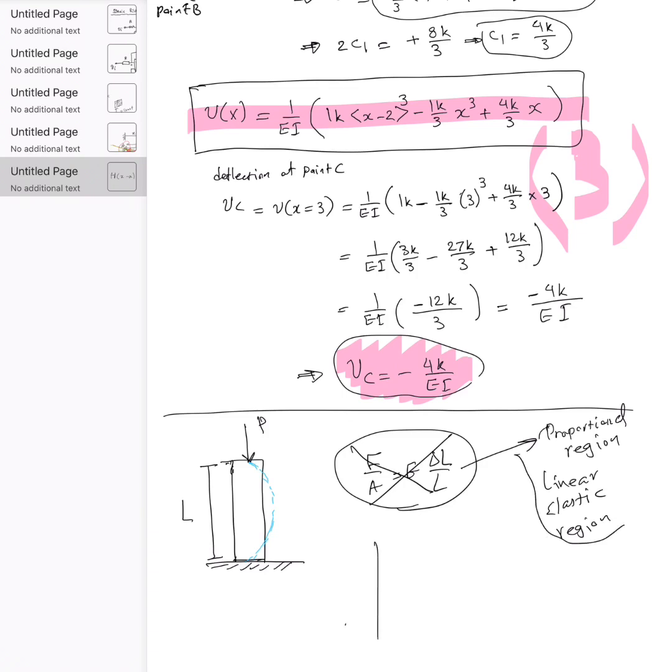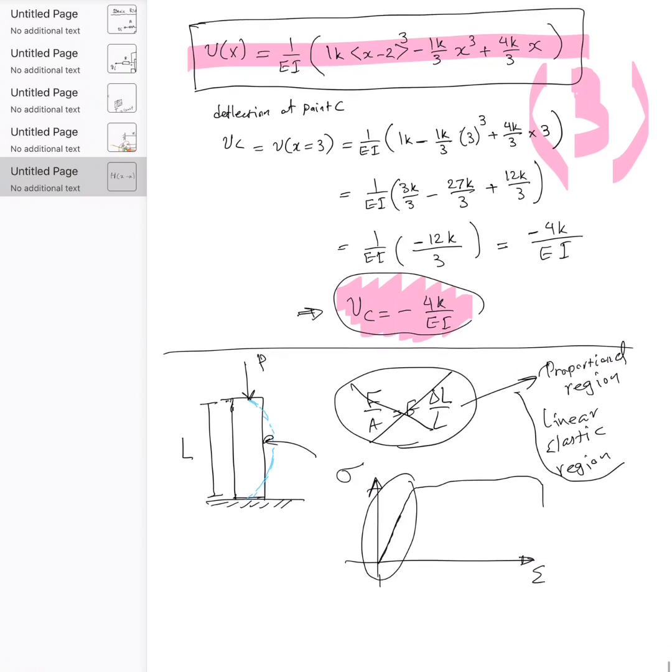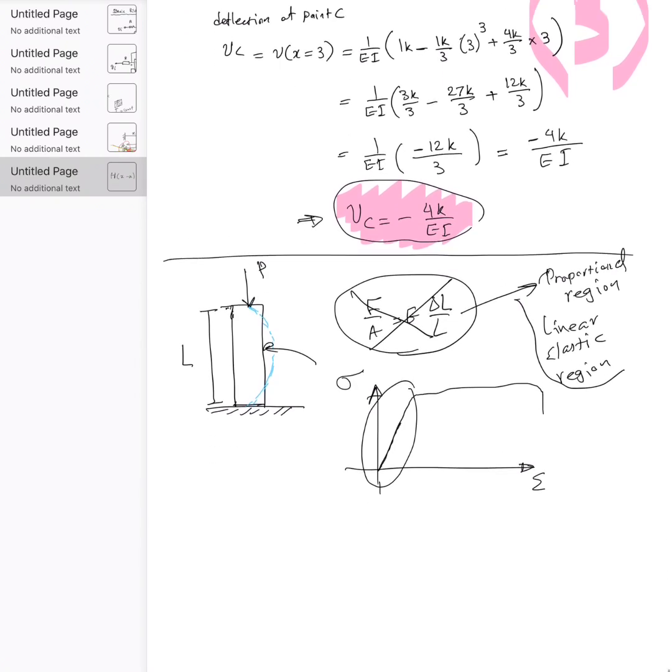That means that if you draw the stress in this object versus epsilon, the strain, you get some curve like that, and then it goes like this, and then you have failure. It's only valid in this region. And you know that before. Another limit for that is that it's only valid before it buckles. Before it buckles. Because after it buckles, then you get a lot of deflection for no additional force.